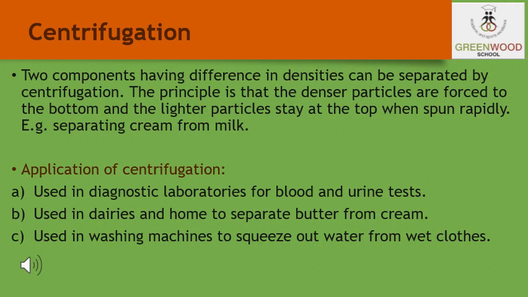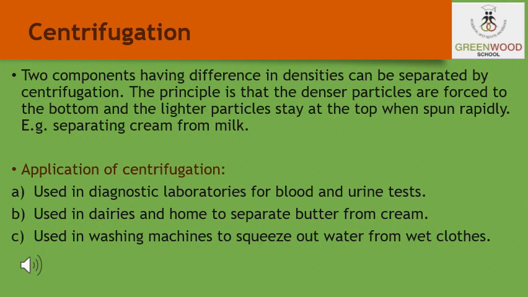Such mixtures are separated by the method of centrifugation. Two components having a difference in densities can be separated by centrifugation. This method is based on the principle that the denser particles are forced to the bottom and the lighter particles stay at the top when spun rapidly.